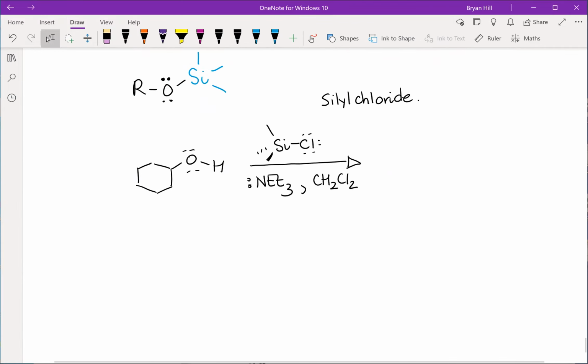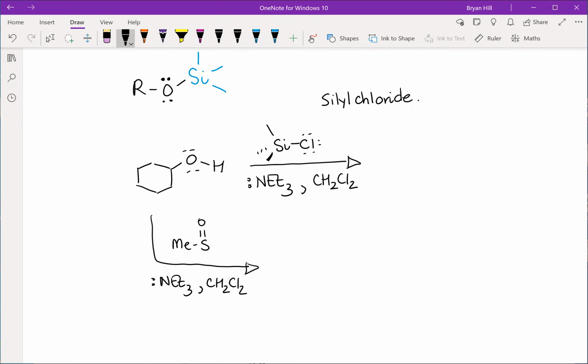This will look very similar to a reaction which we've seen before when we're making a good leaving group, when we had triethylamine, dichloromethane, and say a sulfonyl chloride. The mechanism is slightly different, but the reagents are all very similar.